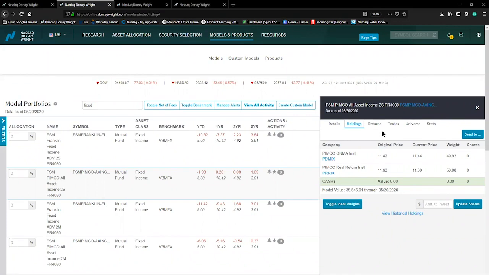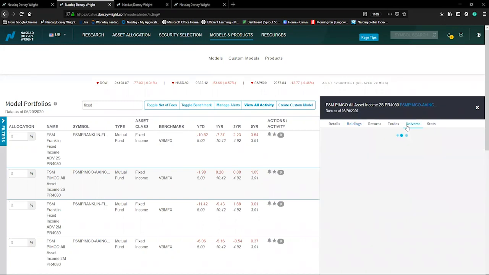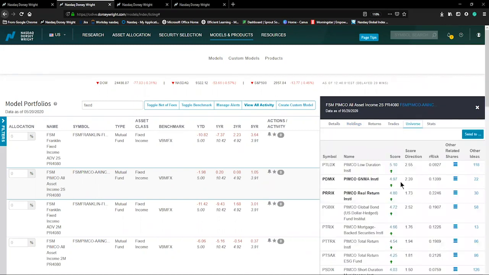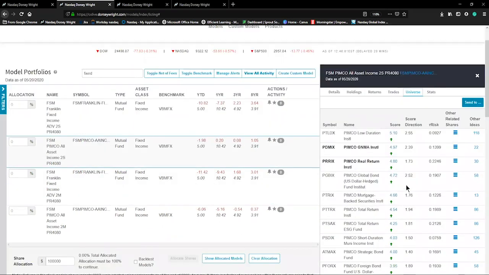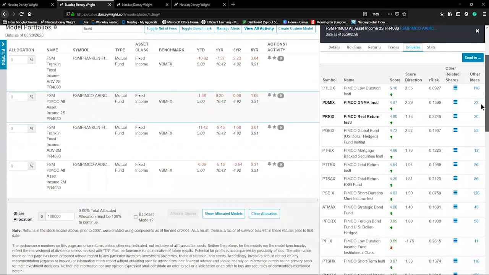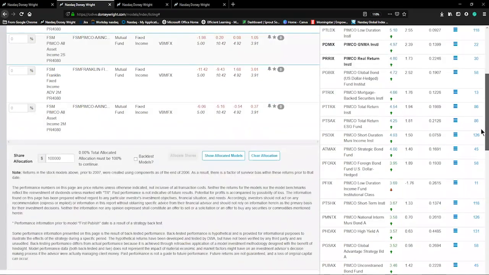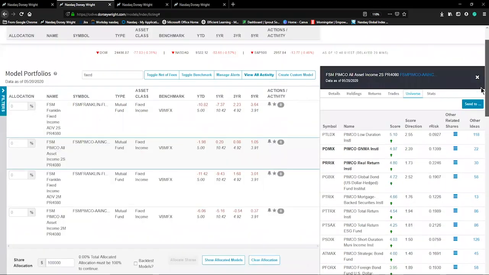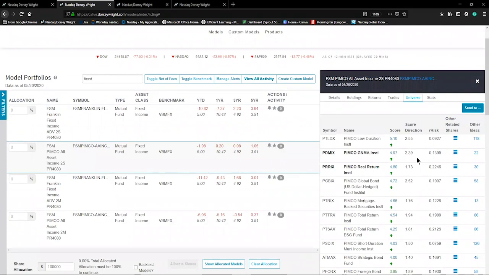You can go over to the universe tab to see that breakdown displayed. A little bit more in depth and more variable areas from Pemko, with more funds included in this model inventory. Then we still see those areas that we have exposure to in the model up towards the top end of those respective score breakdowns as well.